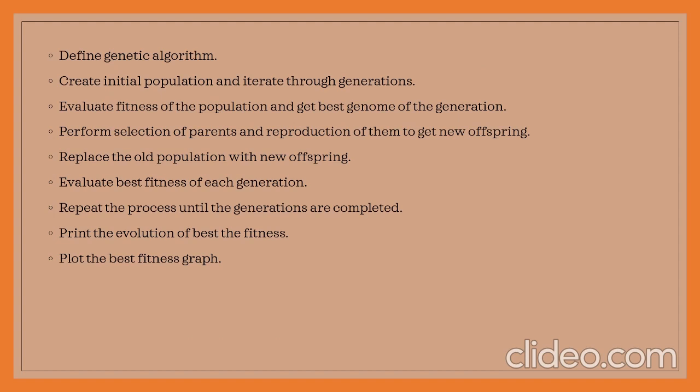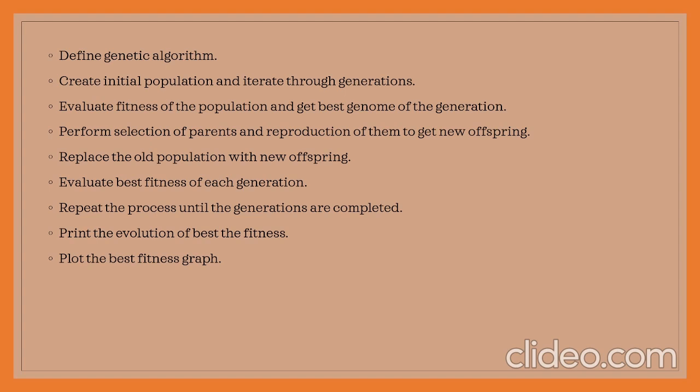Defining genetic algorithm. Create initial population and iterate through generations. Evaluate fitness of the population and get best genome of the generations. Perform selection of parents and reproduce new offsprings.